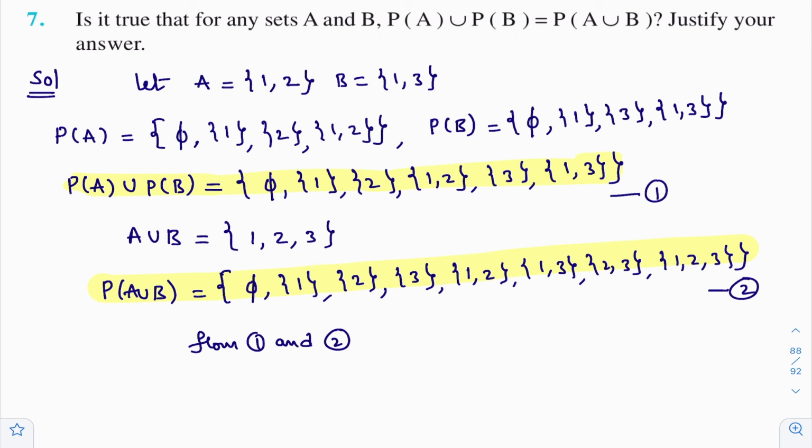No, this is not true. This is false. From 1 and 2 we can say that P of A union P of B is not equal to P of A union B. So the given statement is not true. I hope you understand this.